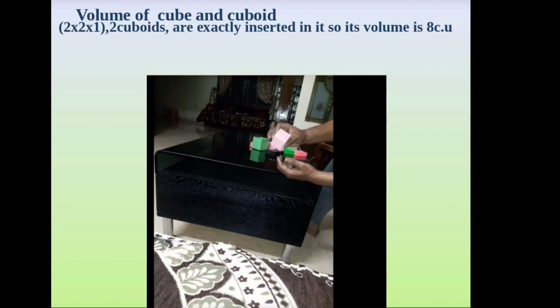Now remove all the cubes, detach them and count them. They are exactly inserted in it. So its volume is 8 cubic units. The number of cubes: 1, 2, 3, 4, 5, 6, 7, 8. There are 8 cubes.